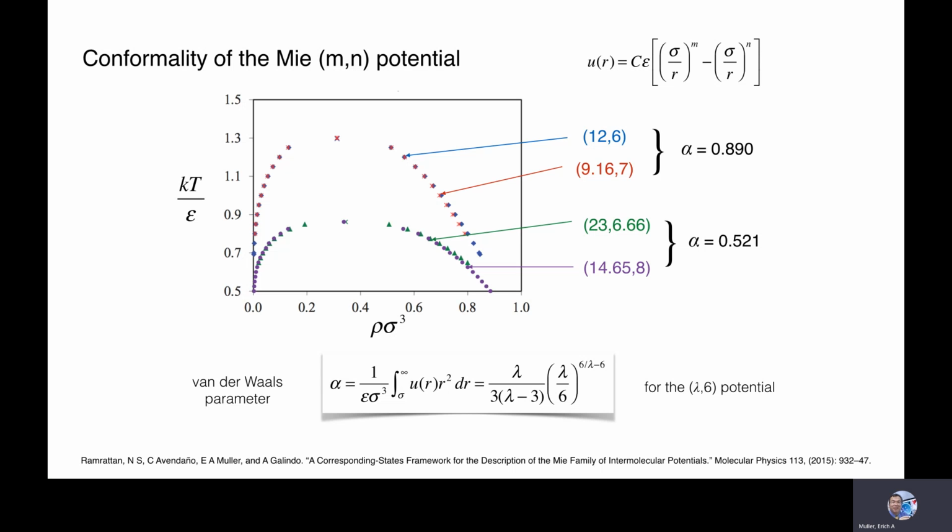This basically says that there is one unique parameter, which is the energy, another unique parameter, which is the size or sigma, but there's a third unique parameter, which corresponds to the range of the potential, which is either lambda or alpha, and you will use these in the same way.